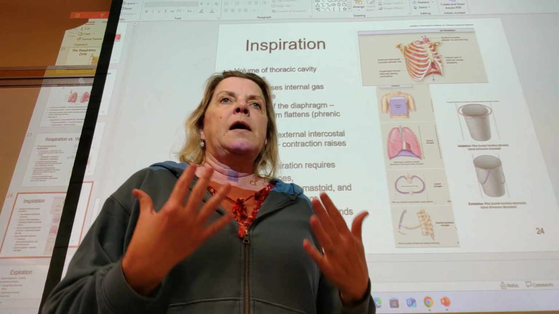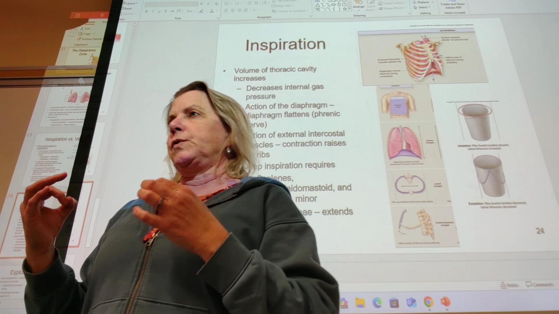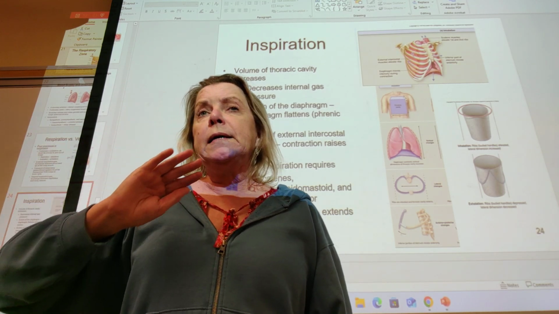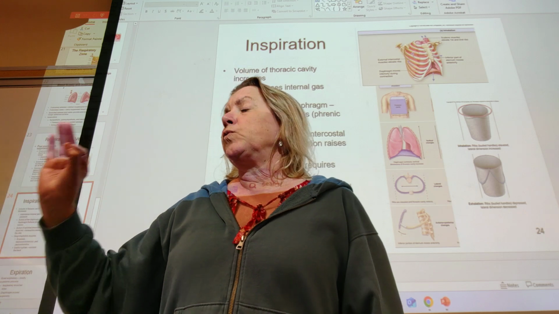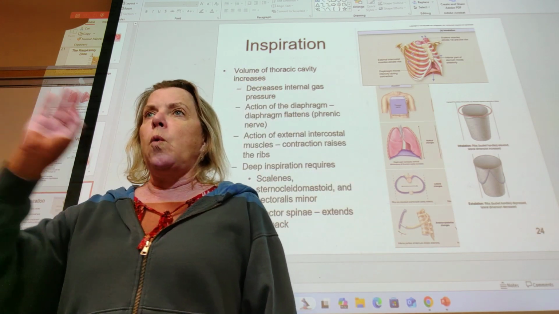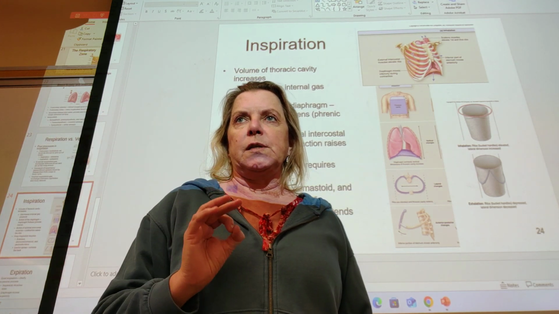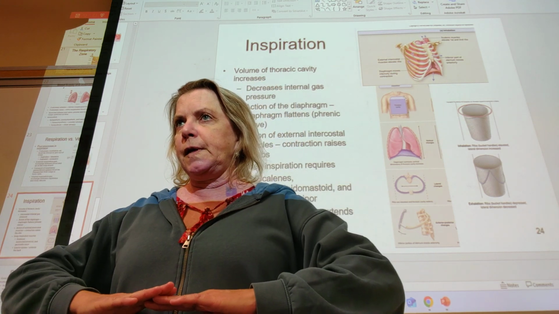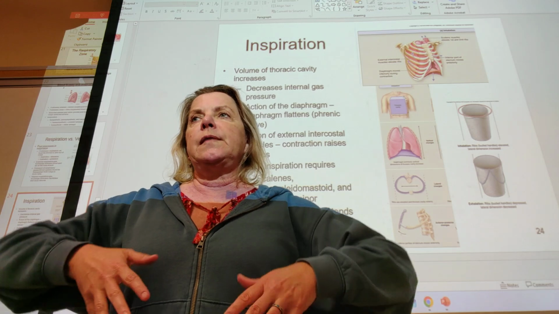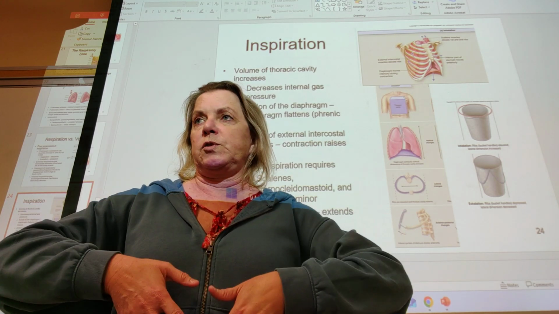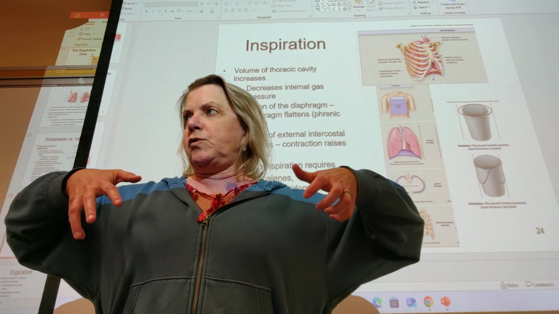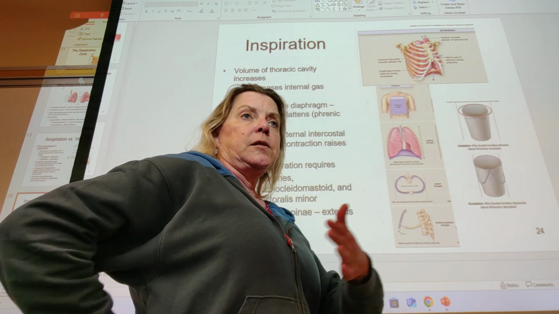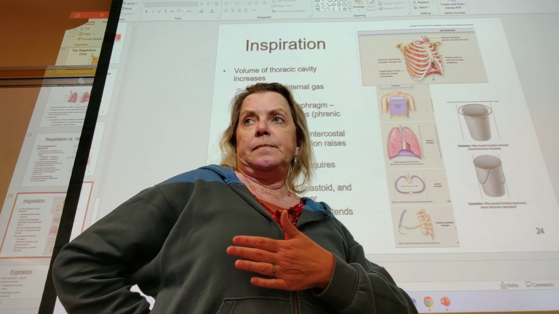So what muscles, minimum muscle contraction do you need? Normal, quiet inhalation requires ATP, requires muscle contraction. You need the diaphragm to contract and move inferiorly, and you also need the external intercostals, which help pull the rib cage open so it expands anterior and posteriorly.